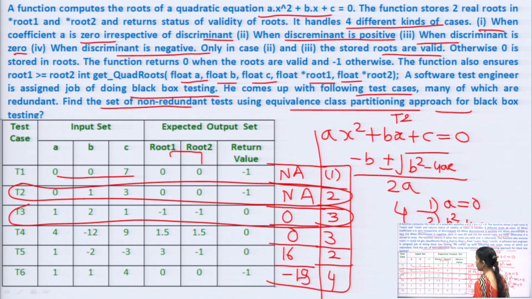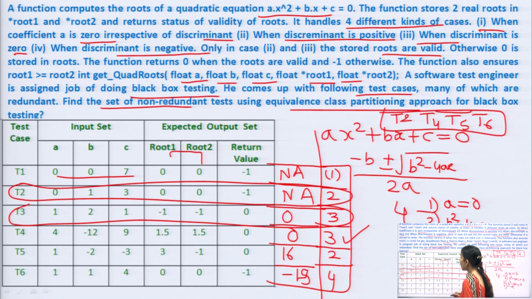I am going to take T2, then T4, T5 and T6. Here I have covered all the equivalence classes: positive, negative, 0 and NA. So, out of these 6 test cases, I will take T2, T4, T5 and T6, and I can make the non-redundant test cases.